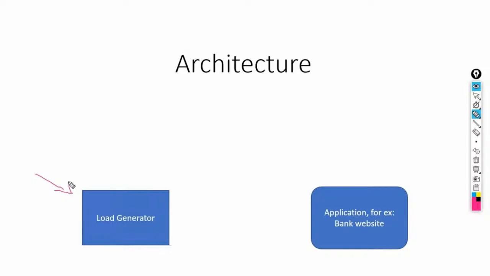These load generators are basically highly configured machines, by using which we will be able to simulate some number of users, like 1000 users, 2000 users, depending on the configuration of that machine.